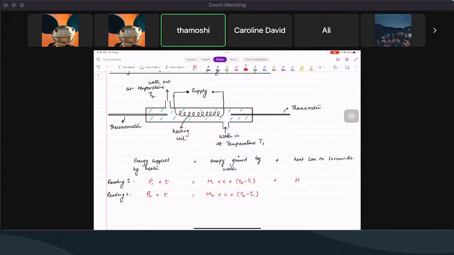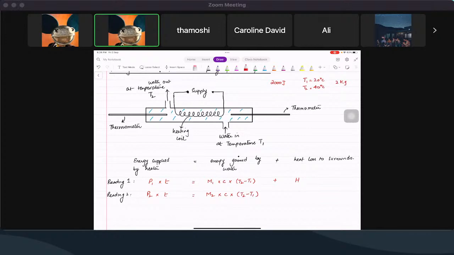Can you explain again? Let's suppose T1 was 20 degrees and T2 was 40 degrees. So we want the water to be heated from 20 to 40. Let's suppose the heater was supplying 2000 joules of energy and the mass flowing through it was 2 kilograms.